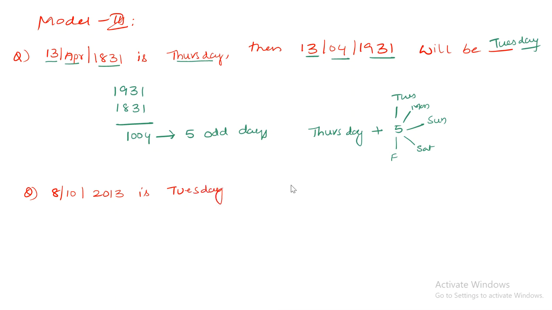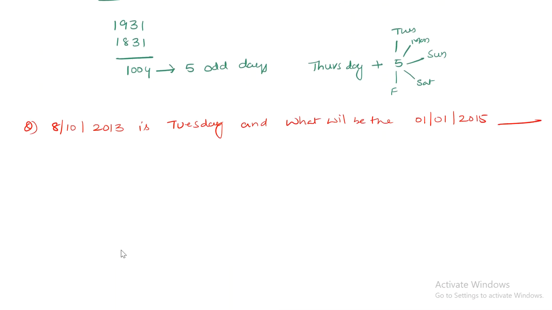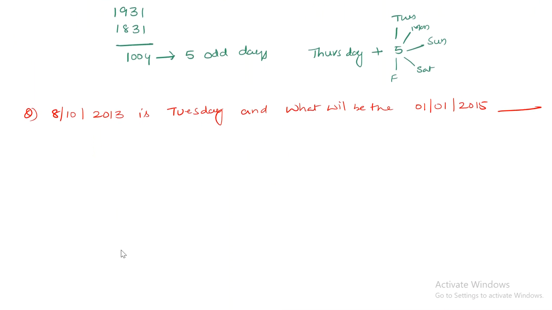Okay, and what will be the 1st of January 2015 dash day? You need to calculate here. Now here, first, if you believe that it's a Tuesday, that's wrong.